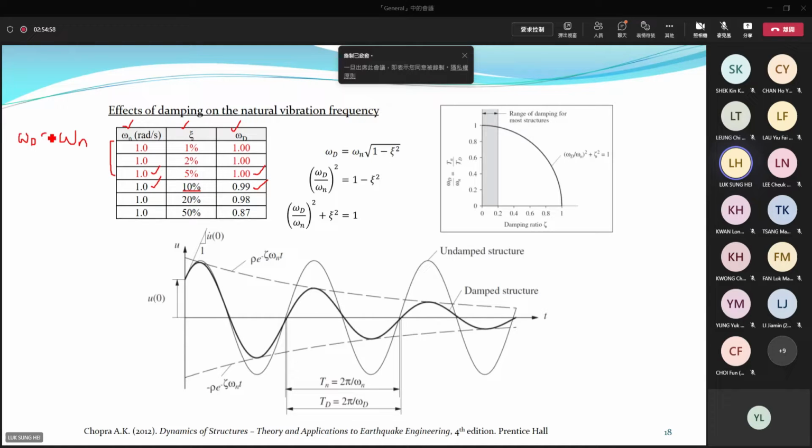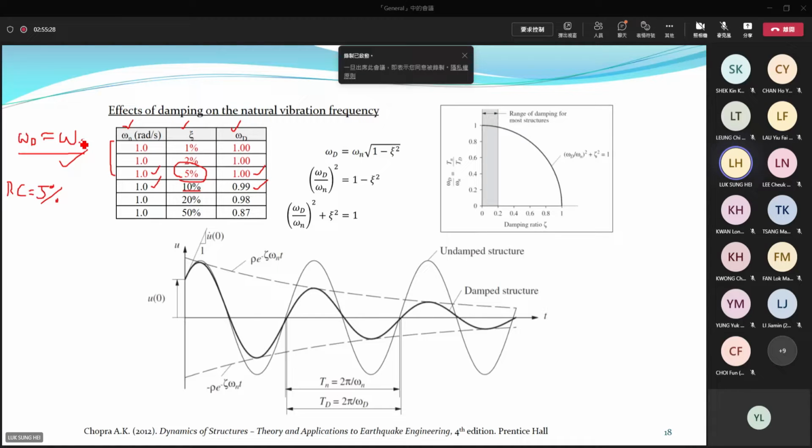So it seems that our approximation, damped frequency equal to undamped frequency, is applicable for most building examples. For RC structures, we normally take 5%. For steel structures, it can be smaller, for example 2%. So for RC structures at 5%, our approximation is valid.